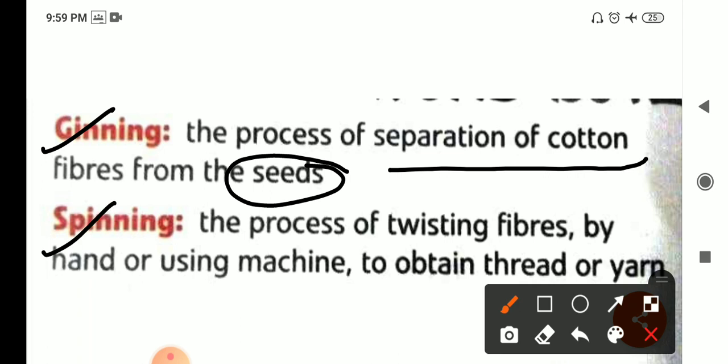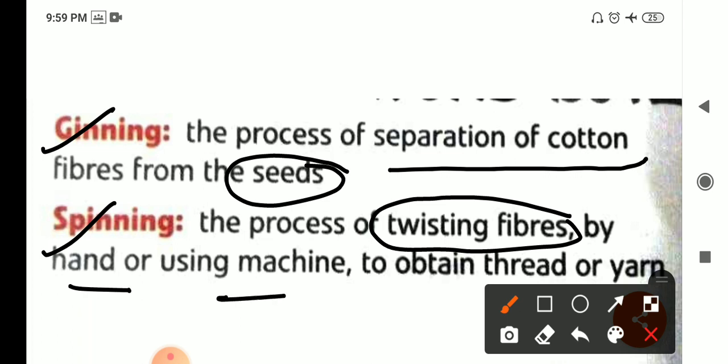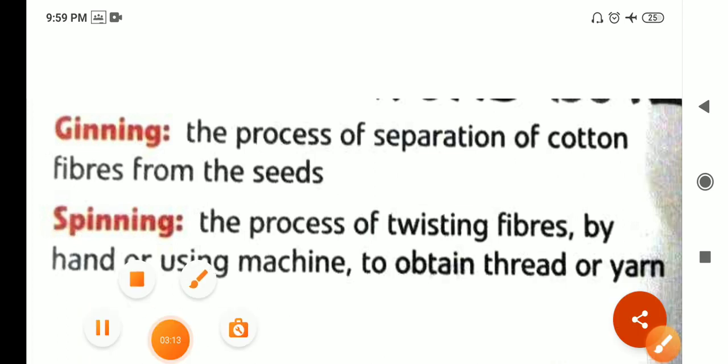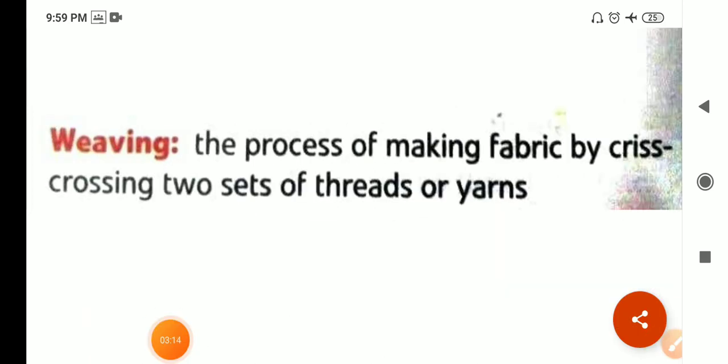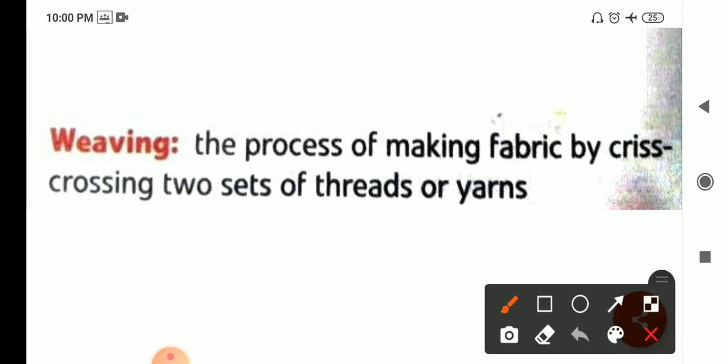Now next process is spinning. The process of twisting fibers. Fibers are twisted together to form the yarn. Twisting of fiber by hand or by using a machine to obtain yarn is called spinning. Okay. Next, weaving. Weaving is the process of making fabric by crisscrossing two sets of threads or yarn together.